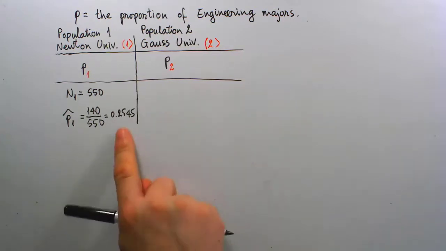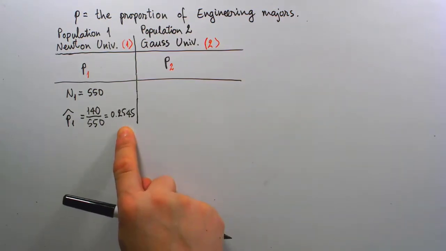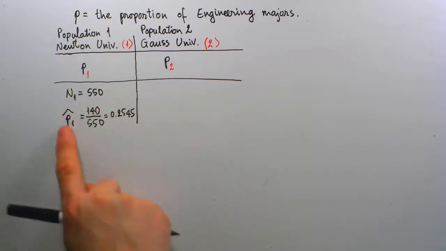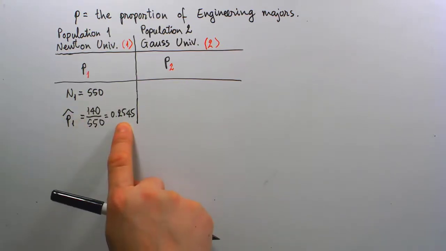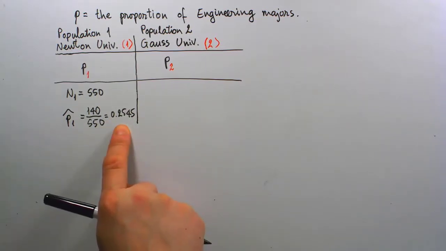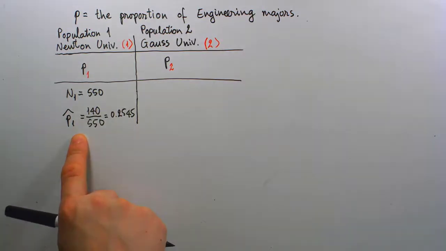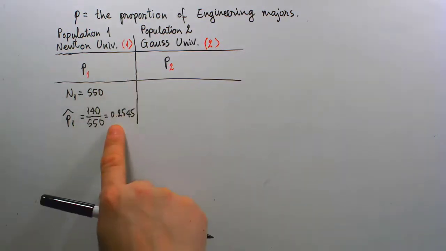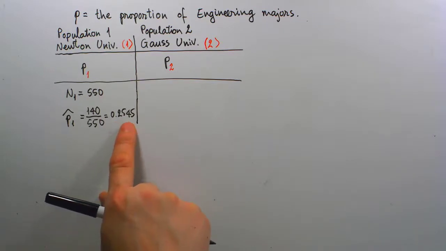And again, I stay in my usual decision to round these sample proportion values to 4 decimal places, unless specified otherwise. But I leave that for viewers and students of mine to watch for your own rounding requirements anytime you're looking at different problems. So my p hat 1 is in decimal 0.2545.